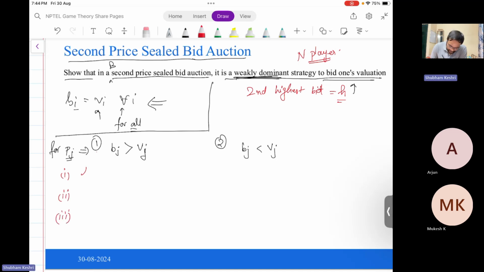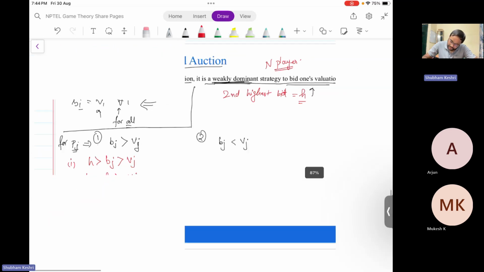Let me refer to my notes. The first is h is more than b_j, which is more than v_j. Then b_j is more than h, which is more than v_j. And b_j is more than v_j, which is more than h. We will draw a table to understand this clearly.